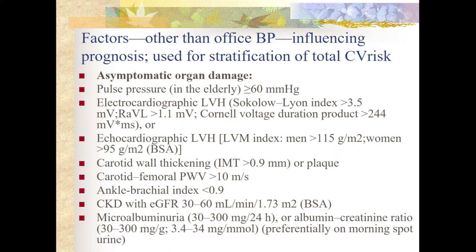ECG criteria of left ventricle hypertrophy, such as Sokolov-Lyon index more than 35 millimeters, voltage of R wave more than 11 millimeters, Cornell voltage duration product more than 244 millivolt, or echocardiographic criteria of left ventricle hypertrophy.